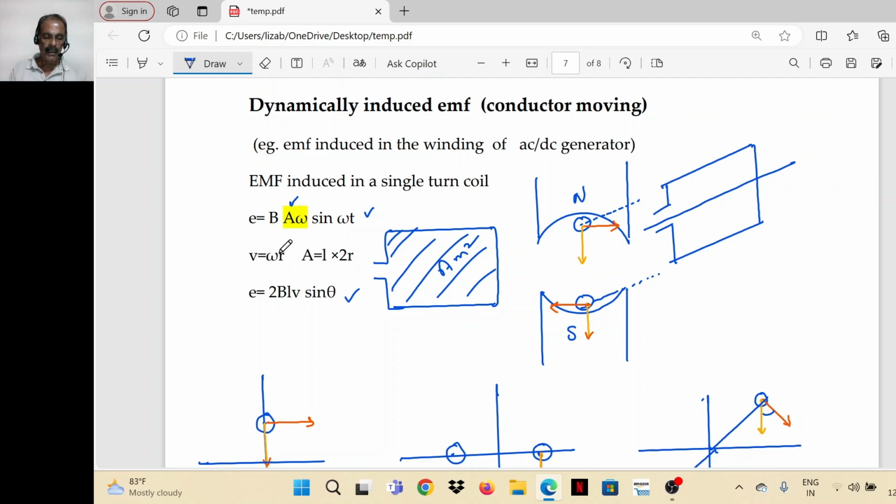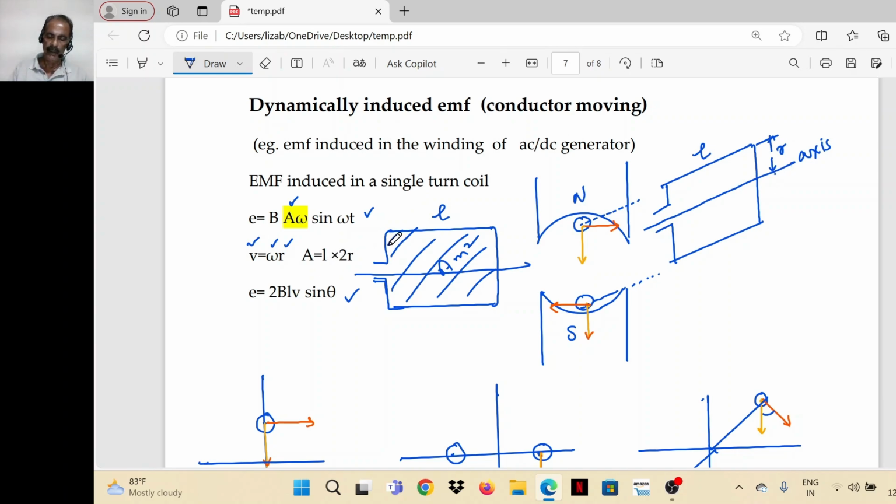So substitute for omega with v by r, the relation between angular and linear velocity. Linear velocity is equal to angular velocity into radius. Take this as the radius, because this is the axis of rotation. So here, this is the axis about which the coil is rotating. So v is equal to omega into r, and the area of the loop is, take this as the length of the conductor, and this is the radius.